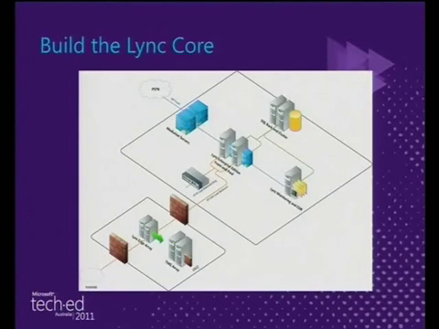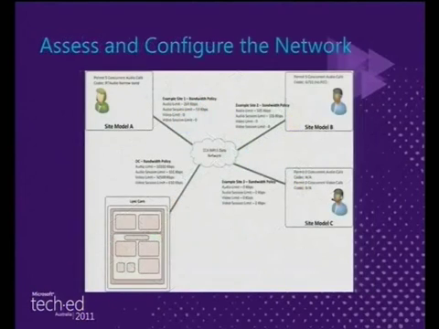If you need more, just keep adding more for every 5,000 to 7,000 increments until you get to 8, and then it's too many. So you add a new pool and start the process again in that core. So that will scale up to the hundreds and 200s of thousands of users per core deployment. It's back-ended by a SQL cluster to host that Enterprise Edition, and again, that monitoring server sitting out on the side collecting data and saving it in the database.